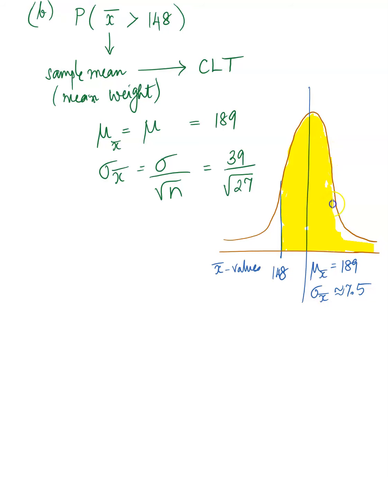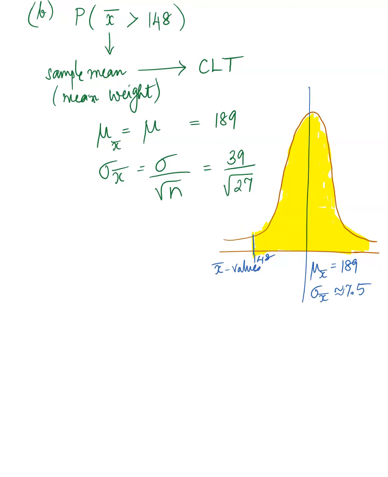Again, I put my 148 pretty close to 189. Maybe it should be a little more spread out. Oops, I missed all of it. And so I'm anticipating it to be larger, just because the variability has reduced. Okay, so I have 148 over here.